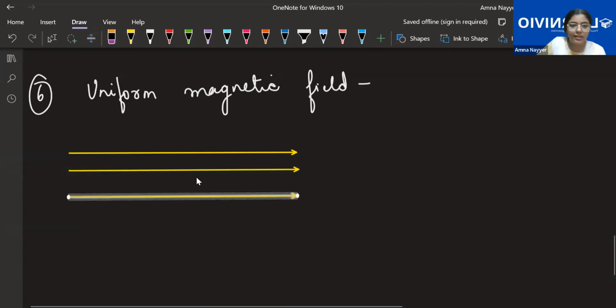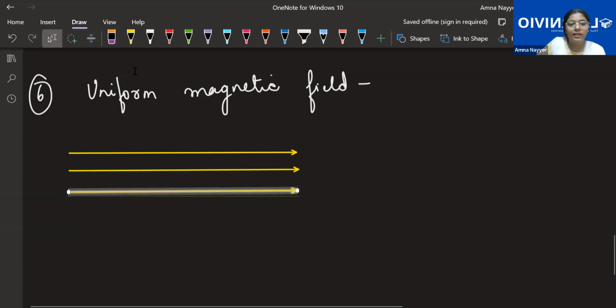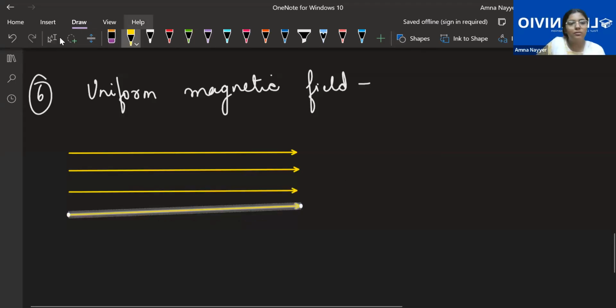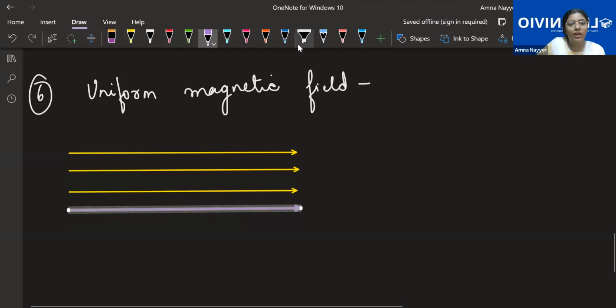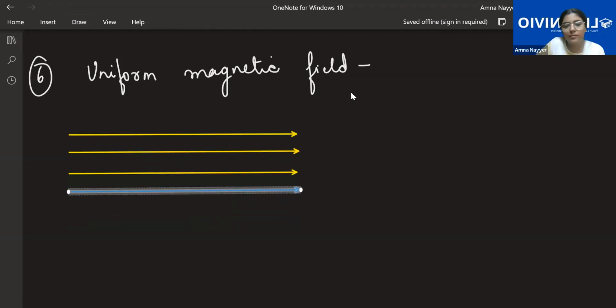Okay, so same thing is for this also. Look, they will also be parallel, straight, and equidistant to each other. So, what are the points here?